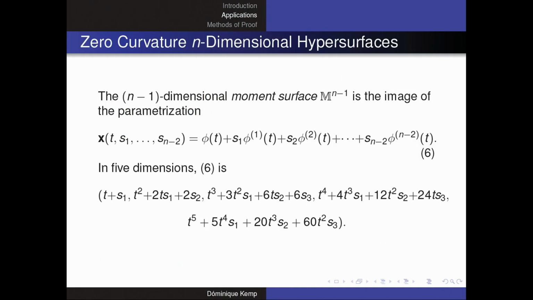For example, the moment surface actually is singular when all of the s_i are 0, or even if one s_i is 0. At that point, things like principal curvatures begin to, well, the non-zero principal curvature actually blows up, for example.